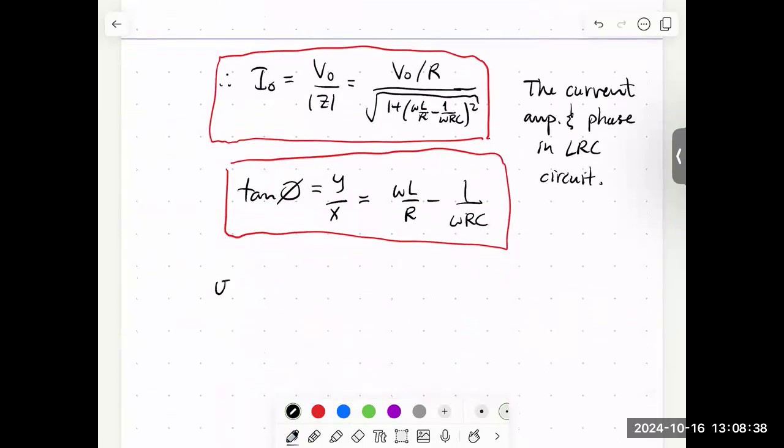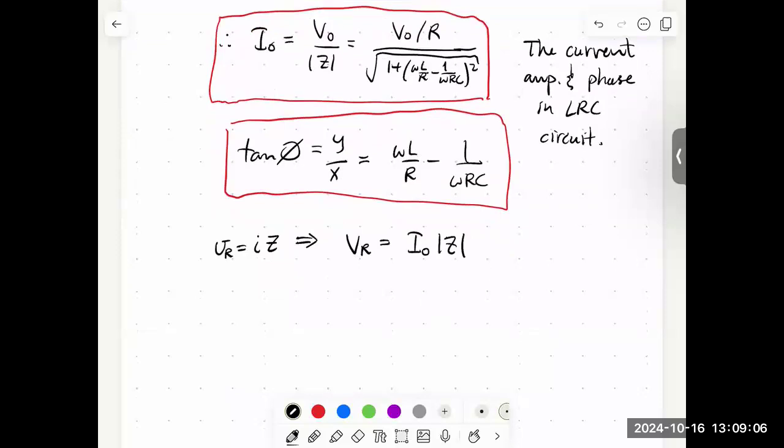The voltage across the resistor is I times Z, and if we want just the amplitude, that's the amplitude of the current times this Z. Let's think about the ratio of the resistor voltage amplitude divided by the signal generator amplitude.